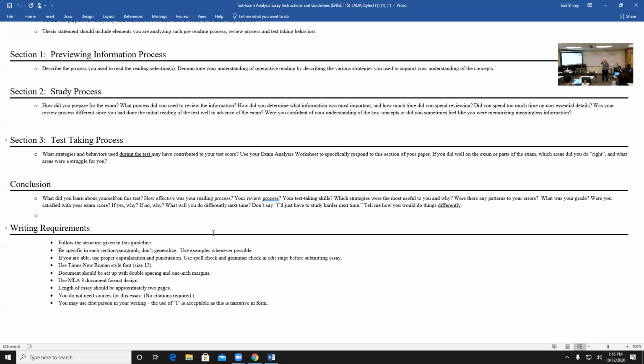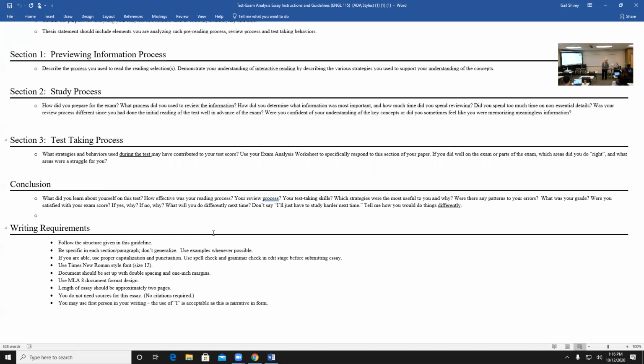Don't waste time then on those things. Get your ideas down, get your wording down, get the organization down. But when you submit your final draft for grading with a rubric, you're going to want to clean all that up. You're going to want spell check, grammar check, proper capitalization, and punctuation to the highest level you are capable of.